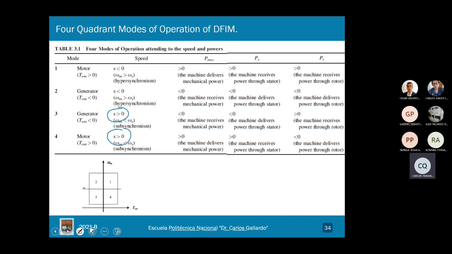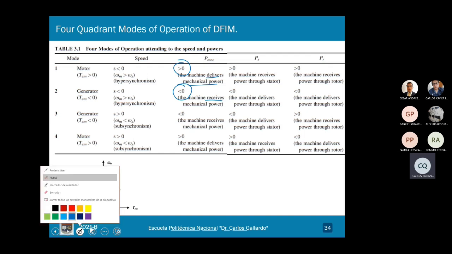I will have a subsynchronism operation. This is about the speed. What about the mechanical power, the stator active power, and the rotor active power? If the mechanical power is bigger than 0, the machine delivers mechanical power. On the other hand, if it is less than 0, the machine receives mechanical power. This is for the mechanical power.